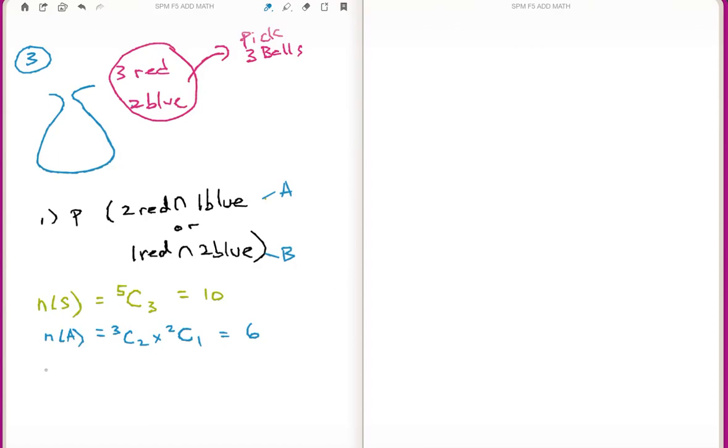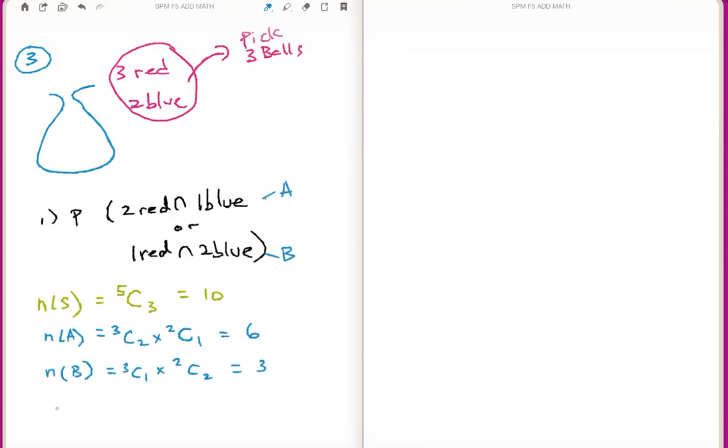How about the sample size for B? That would be 1 red ball, so out of 3 red I choose 1, and 2 blue, I would choose 2. So therefore, the sample size will be 3. So I define the sample size, I define event A, define event B. Then I'm quite fit to go.